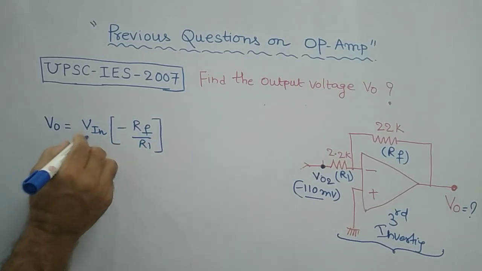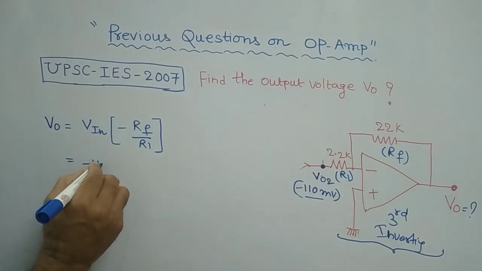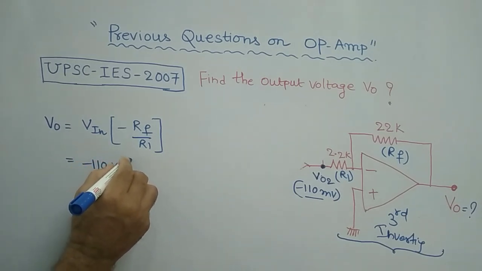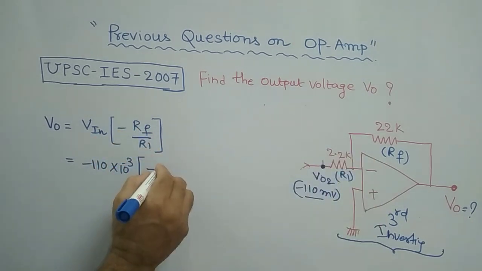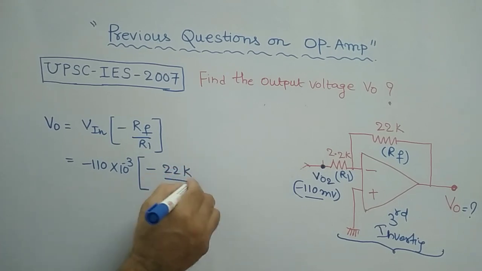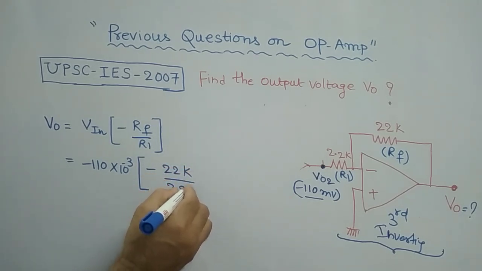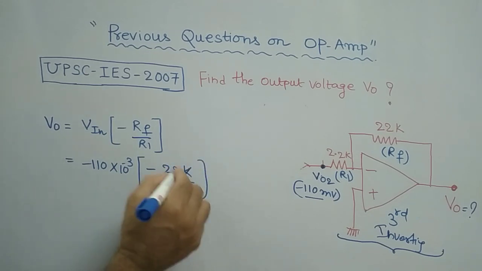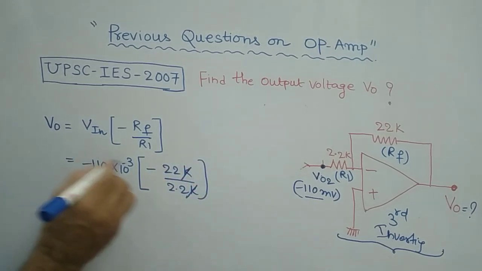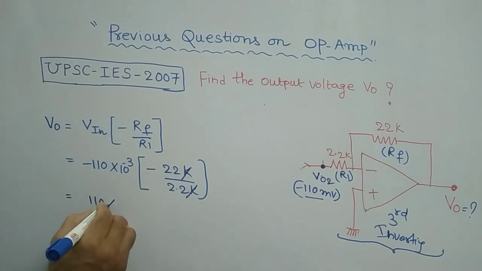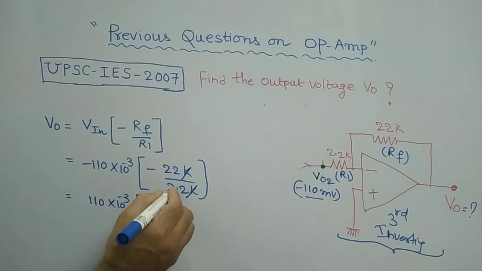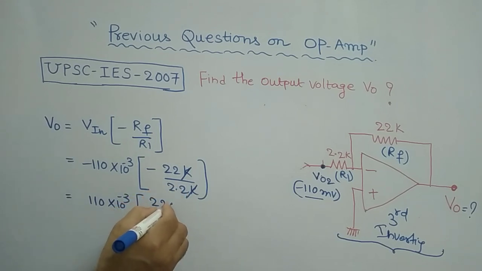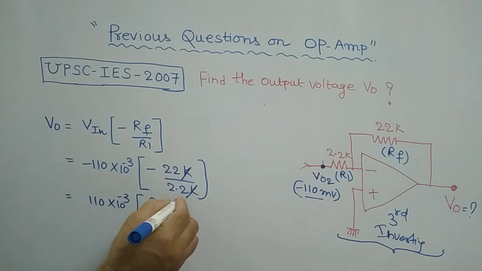This is equal to, what is your input? Input is minus 110 millivolts, milli means 10 power minus 3. It is minus as per the formula. What is Rf? 22K by what is R1? 2.2K. Therefore, both K will cancel out. Then what will you get? Minus into minus is plus. It is 110 into 10 power minus 3. Then 22 by 2.2, you can write like this, 220 by 22.